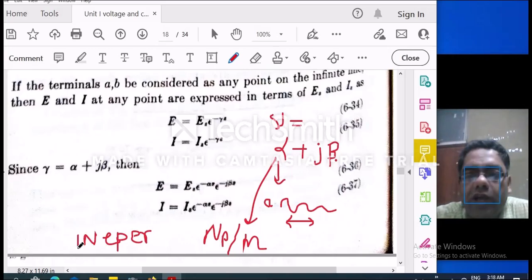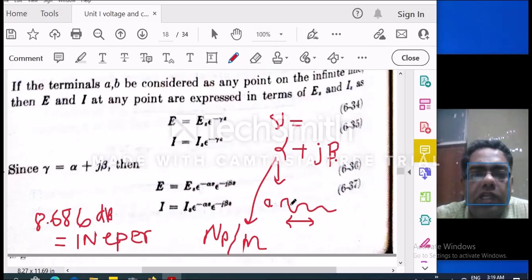Actually, 1 Neper is equal to 8.686 dB. That means how much the signal is attenuating, we can express in dB, and 8.686 dB becomes 1 Neper. This unit you have to remember.